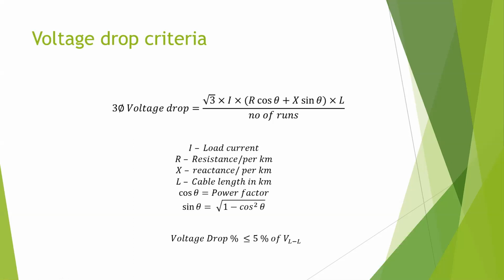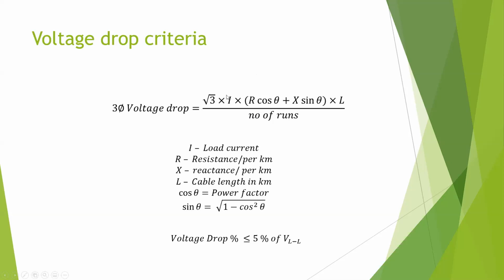This equation is very easy to prove, and you can just Google it and you will get the derivation. There are some assumptions; this equation is derived by using the phasor diagram. If you observe the phasor diagram, you can easily derive this equation.